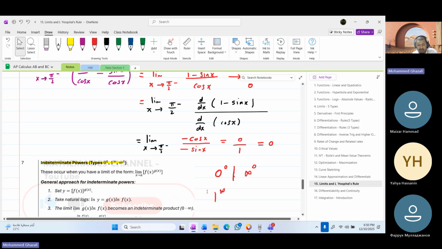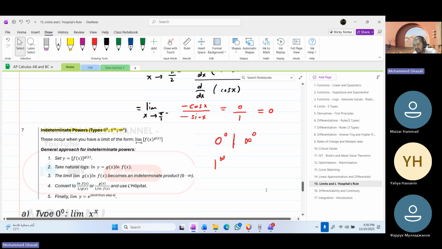So all the answers that look like 1 are not actually 1. These are indeterminate powers: 0 to the power 0, infinity to the power 0, and 1 to the power infinity. It looks like the answers are giving you 1, but because we have infinity involved, we have to actually check. Are we good? So these are the 3 forms.